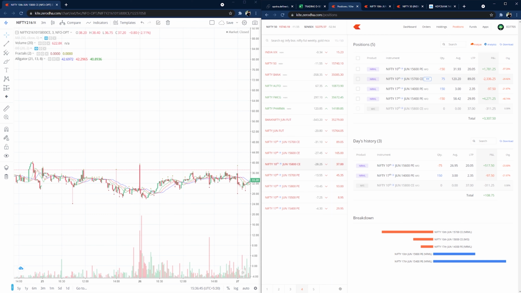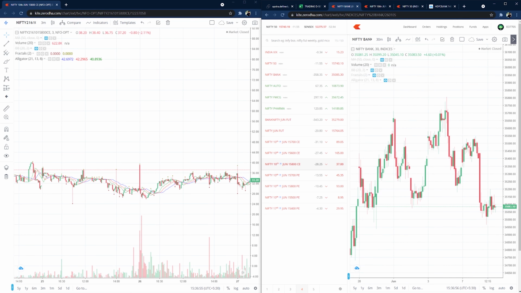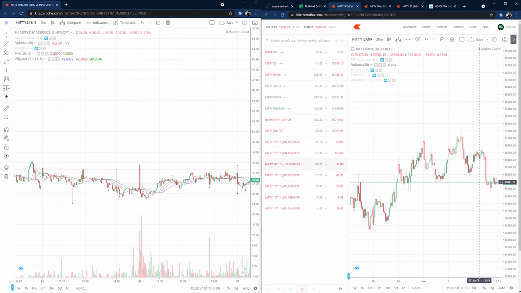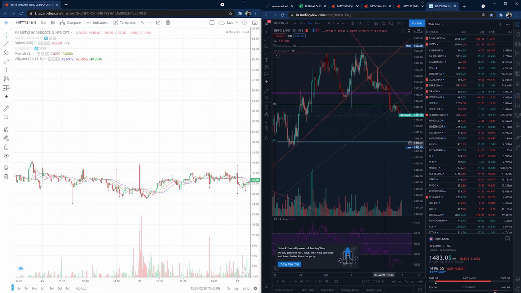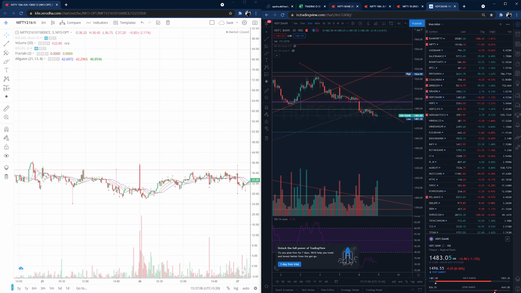I believe this trend will resume tomorrow. It's just because of Bank Nifty that the market has been brought down. Bank Nifty has been underperforming for the last few days. If HDFC is able to perform really well, then Nifty would hit 16,000 without a doubt.